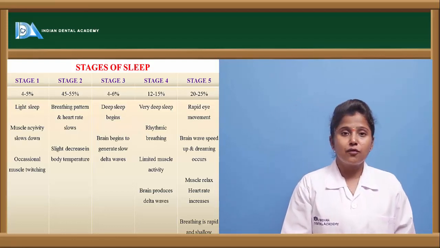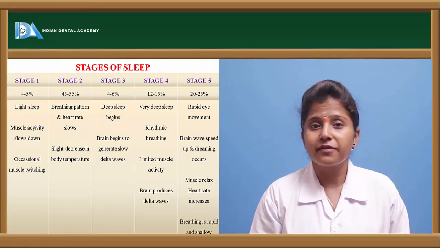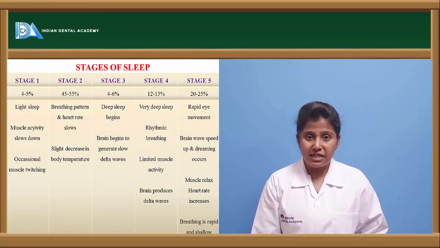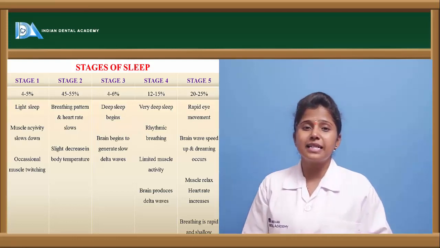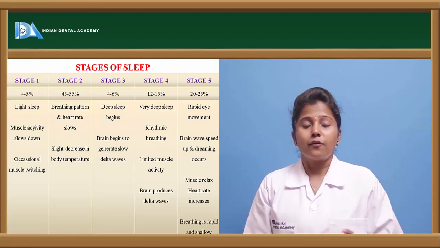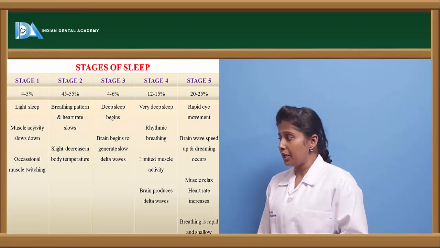The delta waves are generated by the brain in stage 3. And in stage 4, which is 12 to 55% of the total sleep, the person will be in very deep sleep. This stage 4 sleep will last about half an hour in every individual.